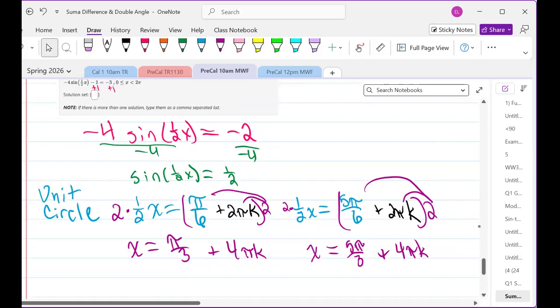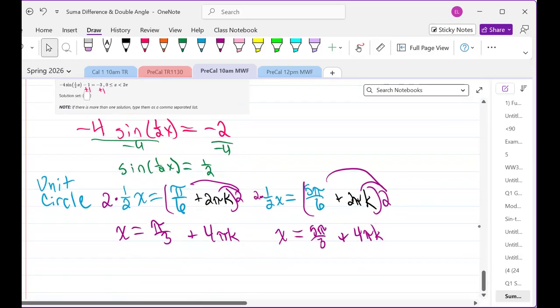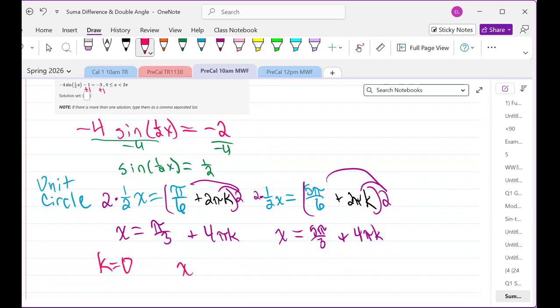So it turns out the 4 pi k, if I pick k equals 0, I get the two numbers I see. I get pi over 3, and I get 5 pi over 3.